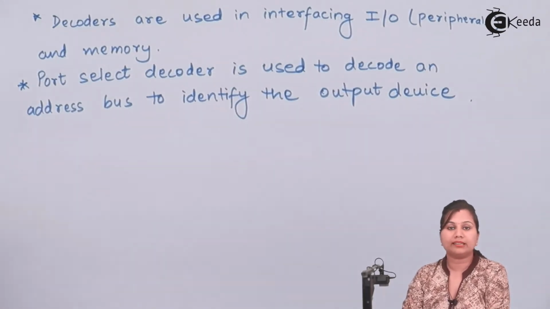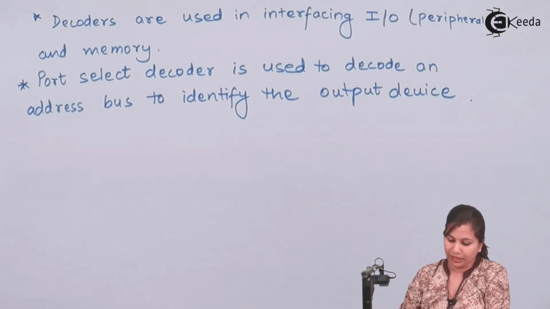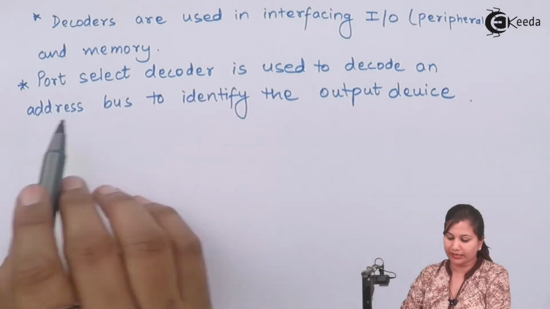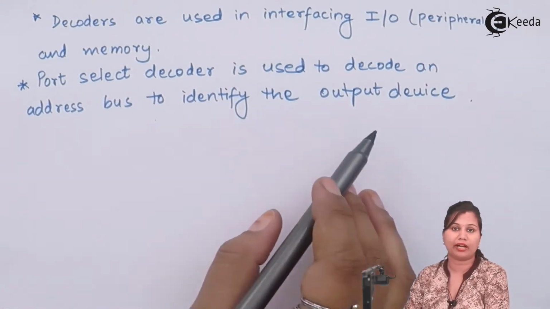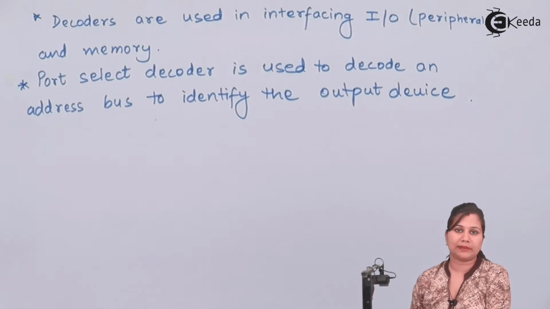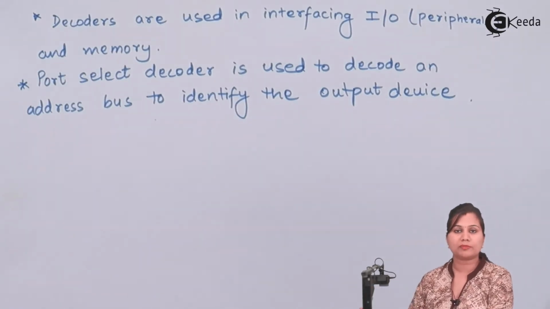When we study the interfacing of peripherals and memory with the microprocessor, these decoders are used. The port select decoder is used to decode an address bus to identify the output device. So decoders decode the combination given to them as input, and the corresponding output line is activated.